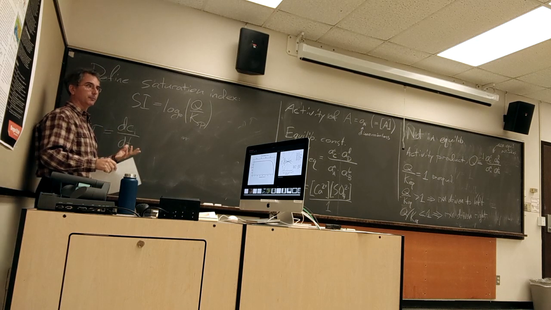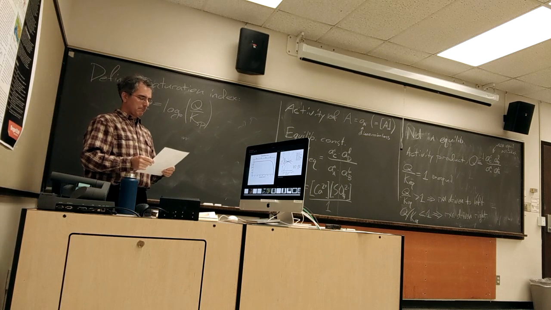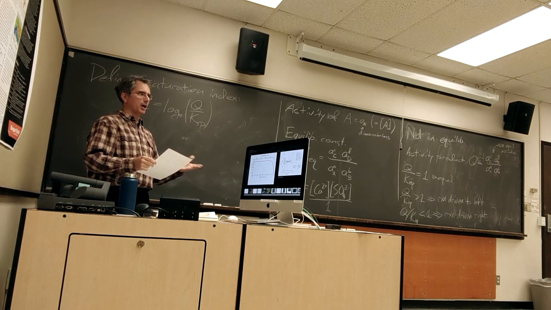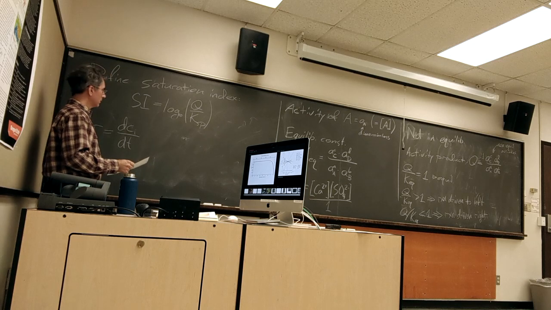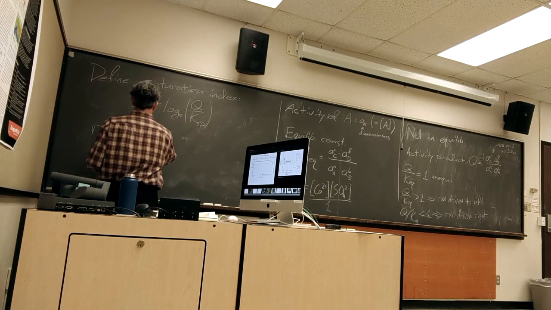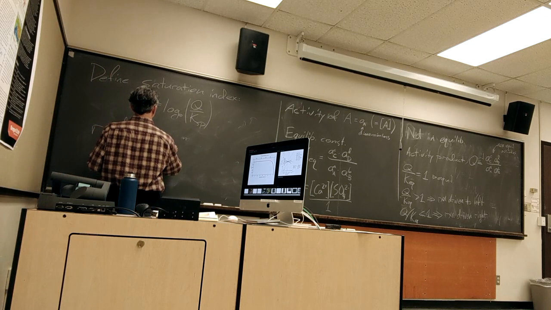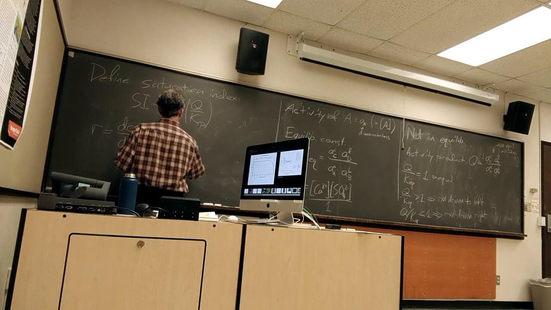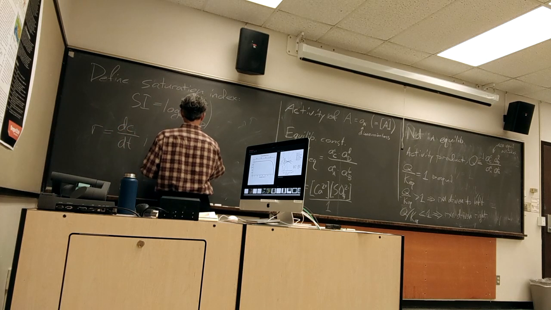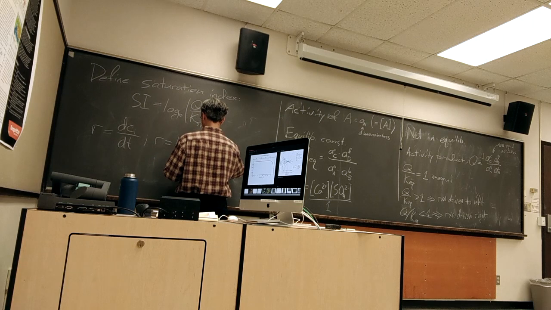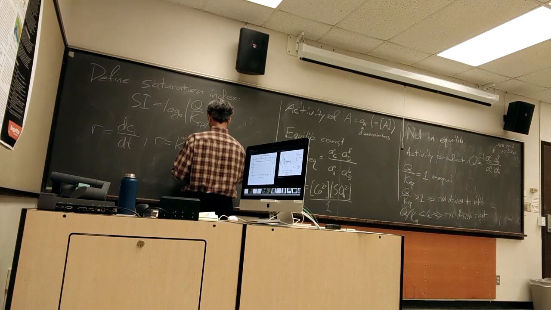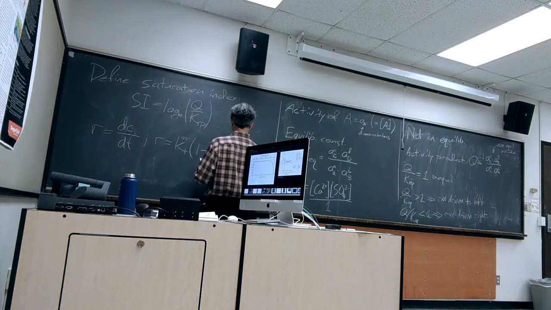So a reaction rate would have a per time unit. And R varies with the saturation index as 10 to the SI.